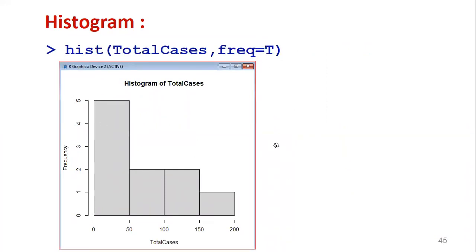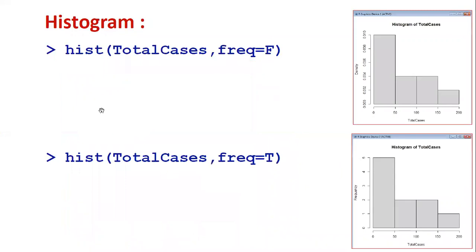By using TRUE, again we will get the default. Here you can observe the difference with freq equal to FALSE. See the density values on the y-axis, 0.000, 0.002, etc. The x-axis is total cases. When freq equal to TRUE, it takes frequency only: on the y-axis, frequency 0, 1, 2, and so on. If freq equal to FALSE, it takes relative frequency, that is, density value. See the difference between these two histograms with freq TRUE and FALSE.